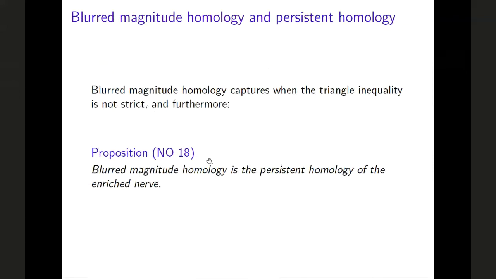And one can also show that it is actually the persistent homology of this enriched nerve. So one could actually take this to be the definition of blurred magnitude homology.